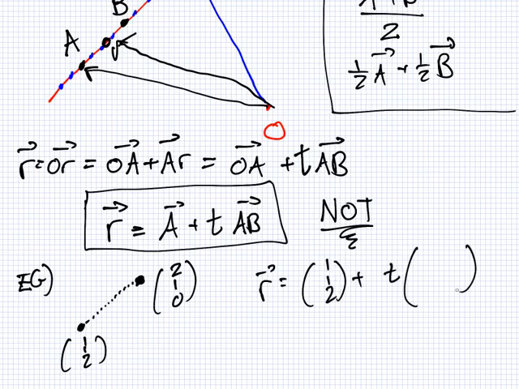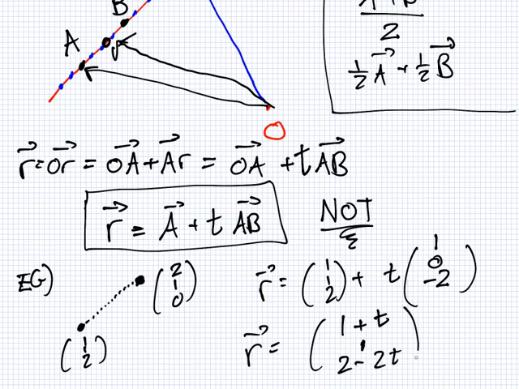Now how do I get AB? B minus A. So 2 minus 1, 1. 1 minus 1, 0. And 0 minus 2, minus 2. This is AB. So then r equals (1, 1, 2) plus t(1, 0, -2), which is (1 plus t, 1, and 2 minus 2t). That's the answer.